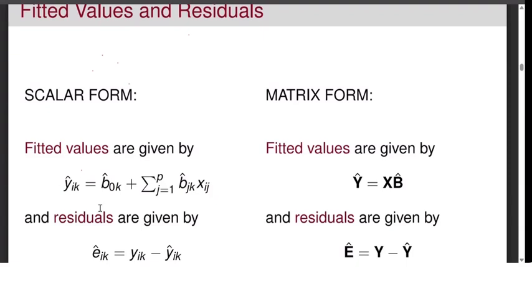This is a fitted value. A fitted value is going to have a cap. This is for a particular response variable, the k-th response variable, which has its own intercept. It's going to have its slope as well. This is in matrix form. Can you see that it is in matrix form?